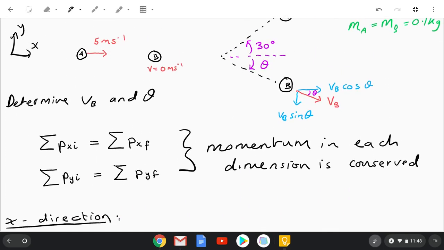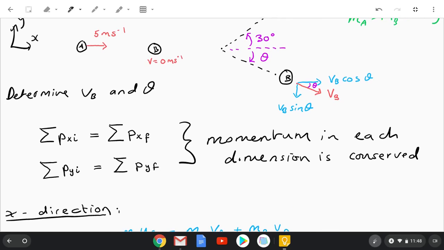You've seen that the momentum is conserved in the x direction and conserved in the y. How is that going to help me get the magnitude of velocity, the overall velocity acting this way?